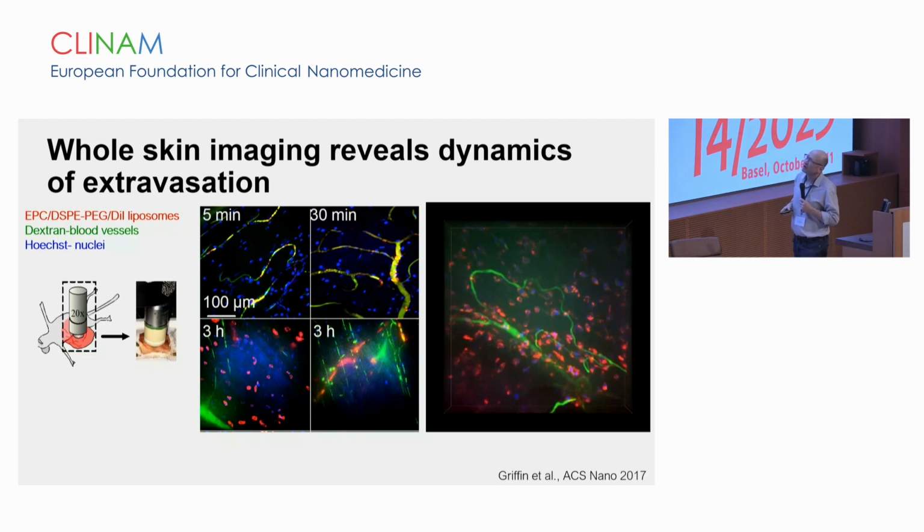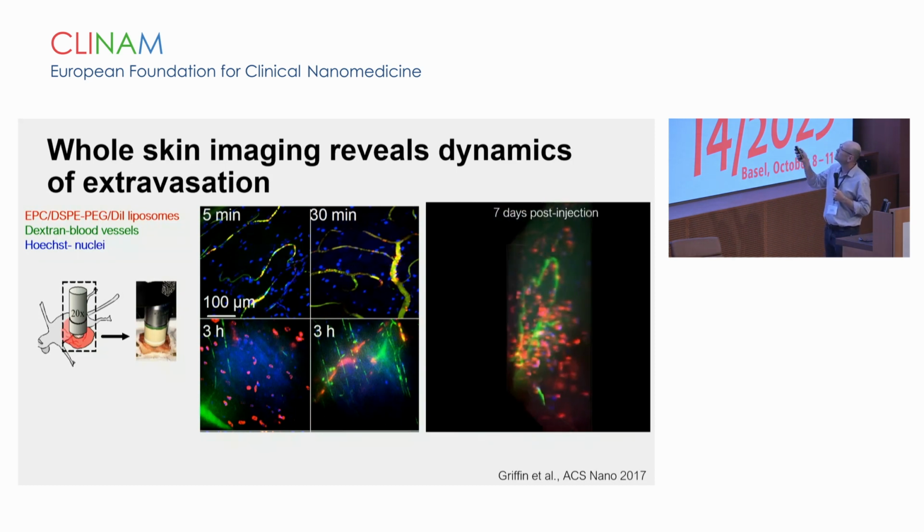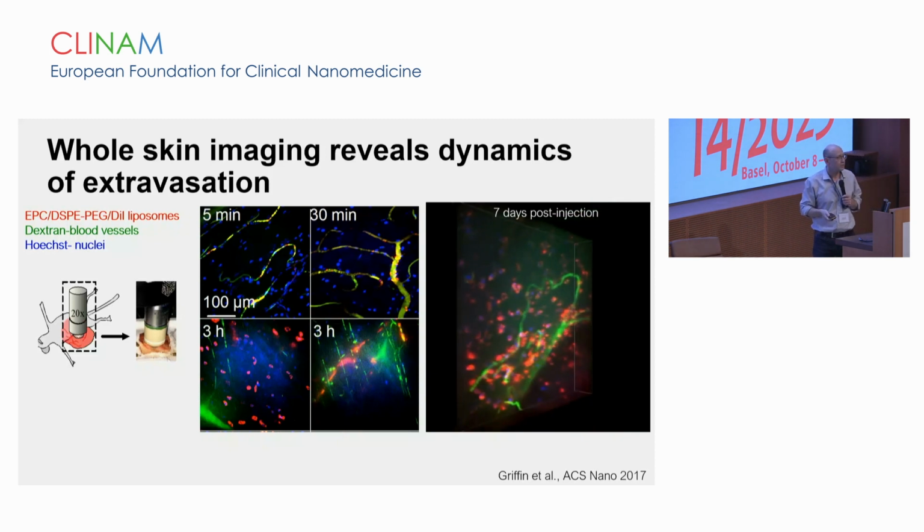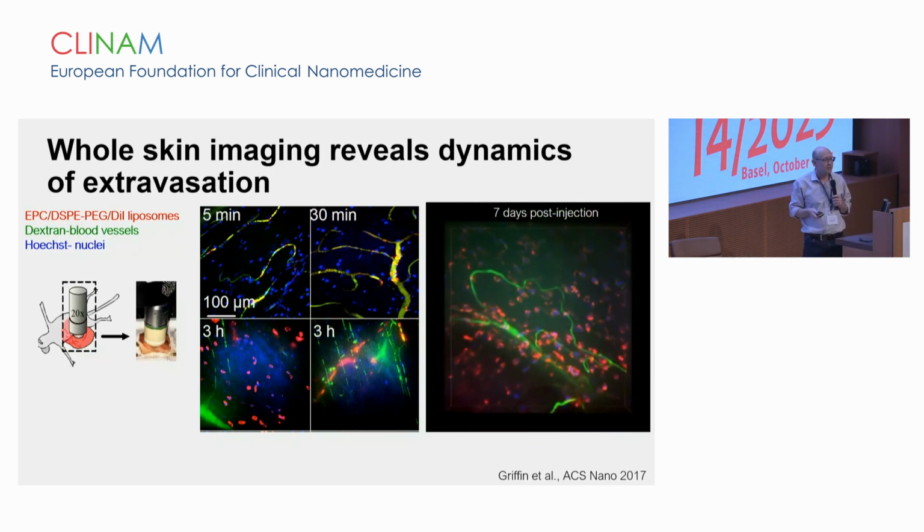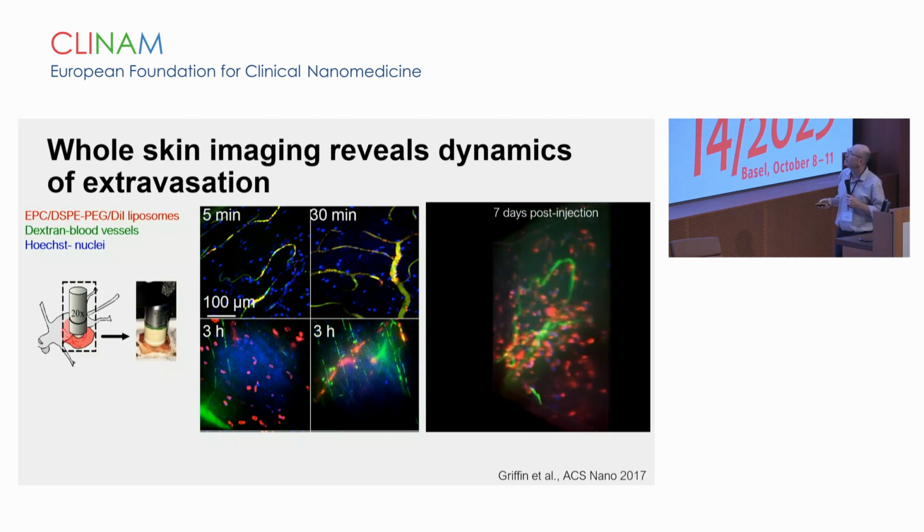Red are liposomes, and dextran labels blood vessels and host nuclei, and you can do it in a living mouse. At 5 minutes there is binding of liposomes, but really quickly they start getting out of the blood vessels, and you can see them accumulating in all kinds of dermal cells in the skin. And 7 days after the injection, you can still see the fluorescent label accumulating inside the skin.